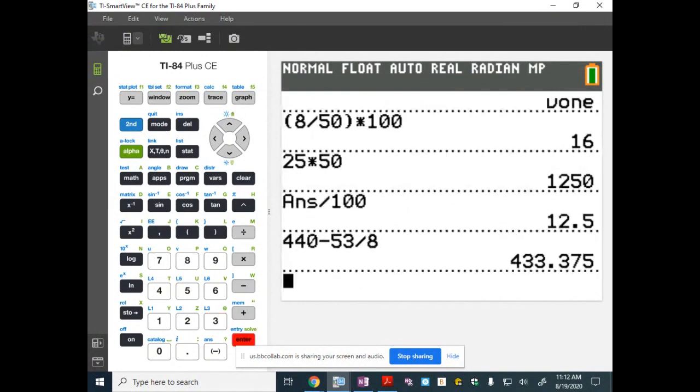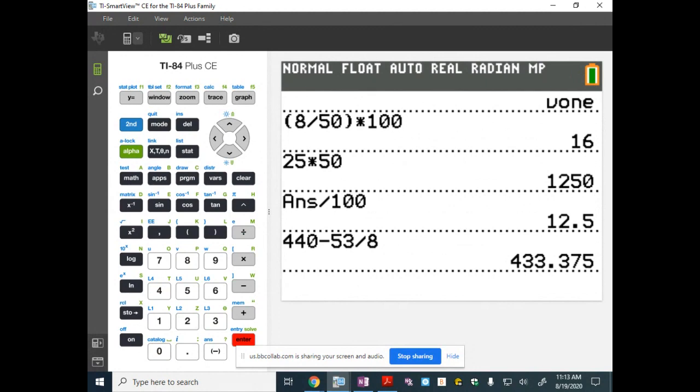So I get a class width of 433. Did I do something wrong here? Did I do something wrong with my calculator? You can tell me yes.